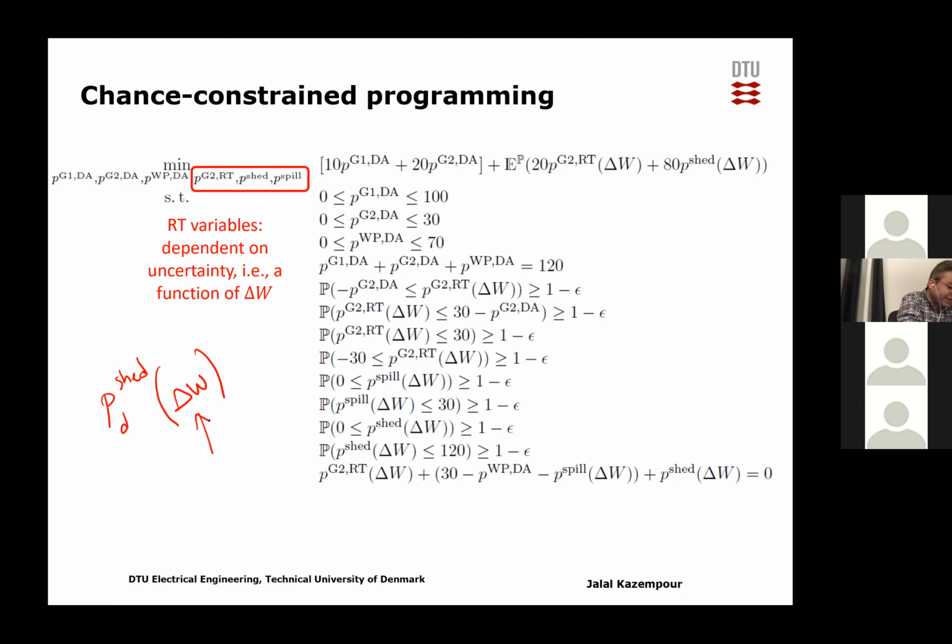And remember, delta omega is our source of uncertainty. It's wind deviation in real time. So we have three variables in real time: one for adjustment of generator G2, one for load shedding, one for wind spillage. As you see, these variables appear everywhere in the real-time constraints.